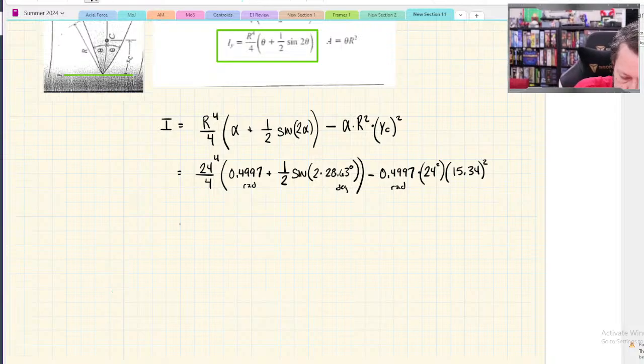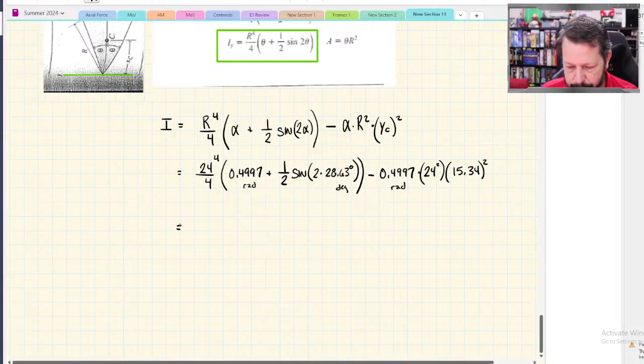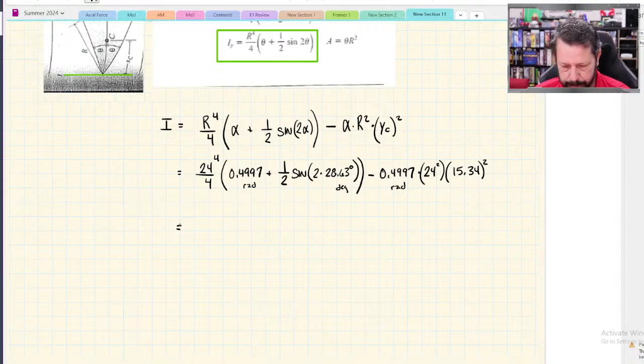All right, I'm going to start inside here. 28.63 times 2. I'm going to take the sine of that. Divide by 2. Add on the radian version of my alpha. It's showing theta on this one, but I'm pretty sure it wants radians, because it wouldn't make sense to have it in degrees here.